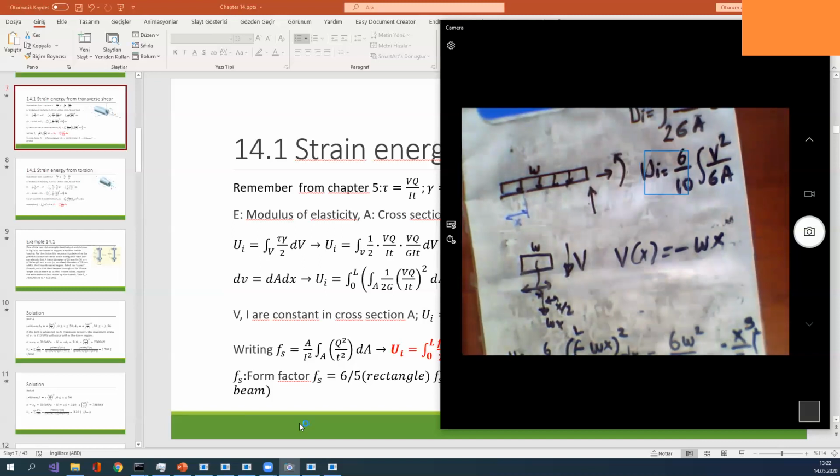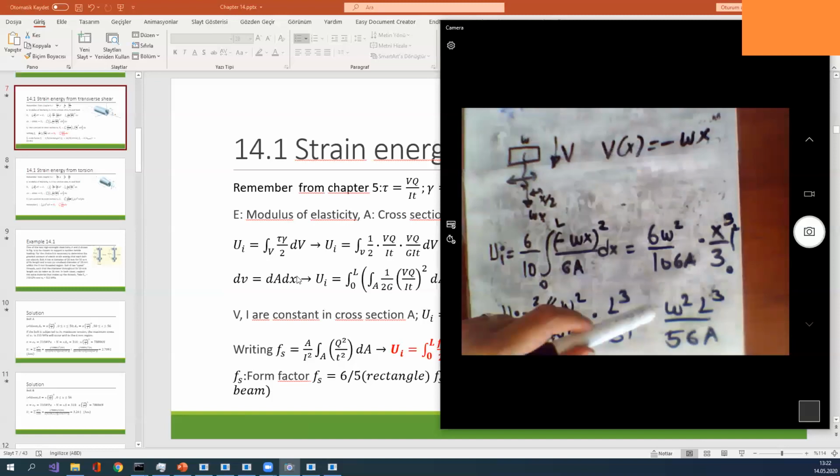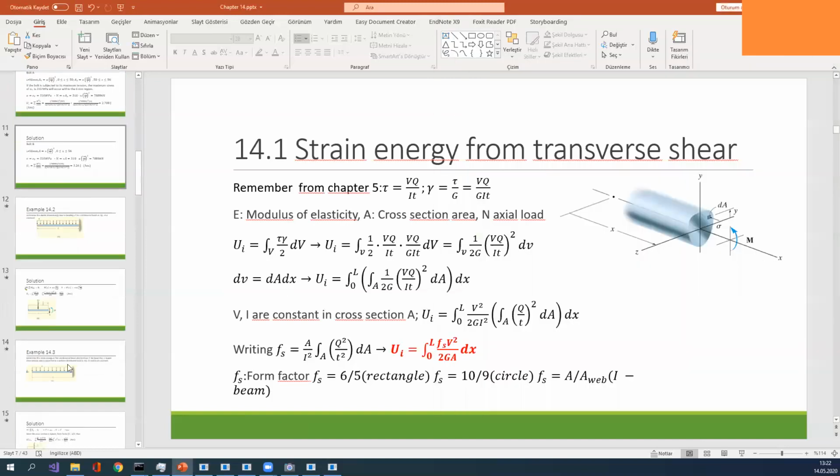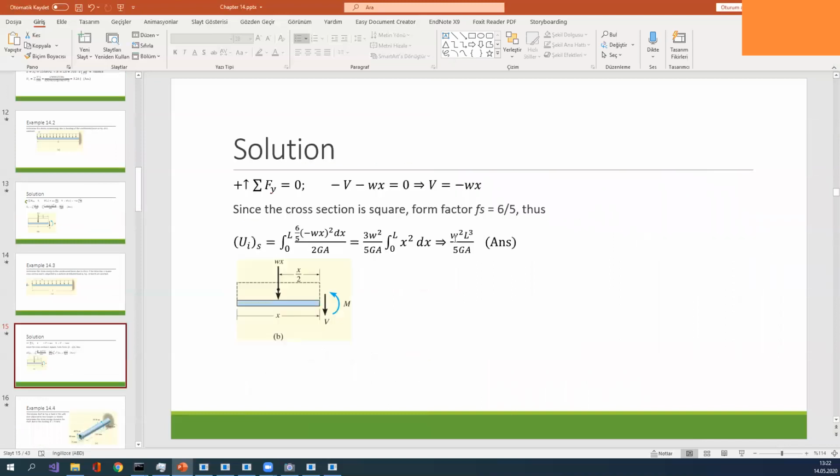This term is omega squared L cubed divided by 5GA. This is the Ui formulation. Let me check our solution. Yes, you can see omega squared L cubed over 5GA. This is the answer.